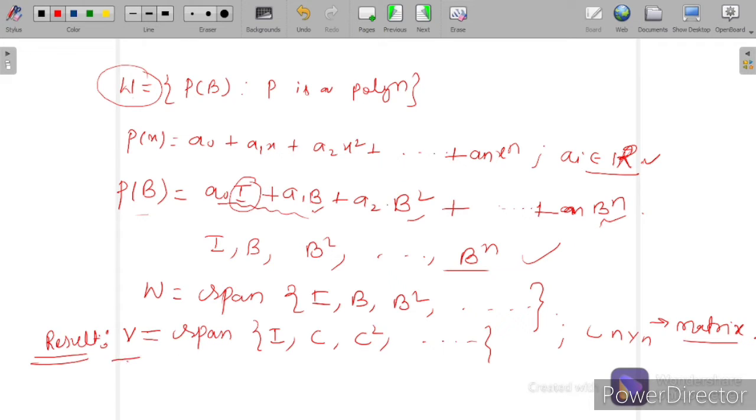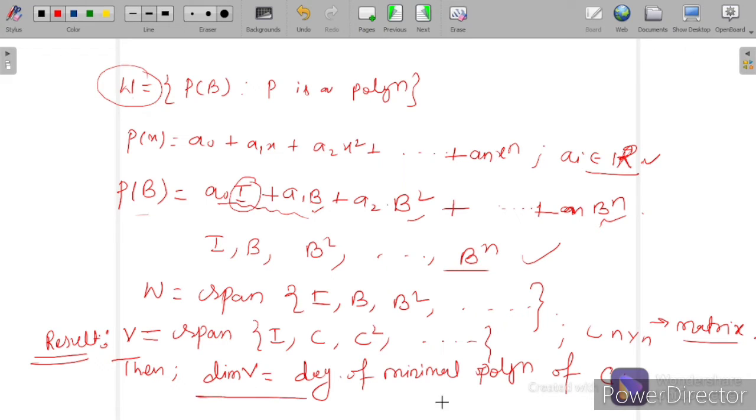Then the dimension of this vector space V is nothing but the degree of the minimal polynomial of matrix C. This is a very important result.